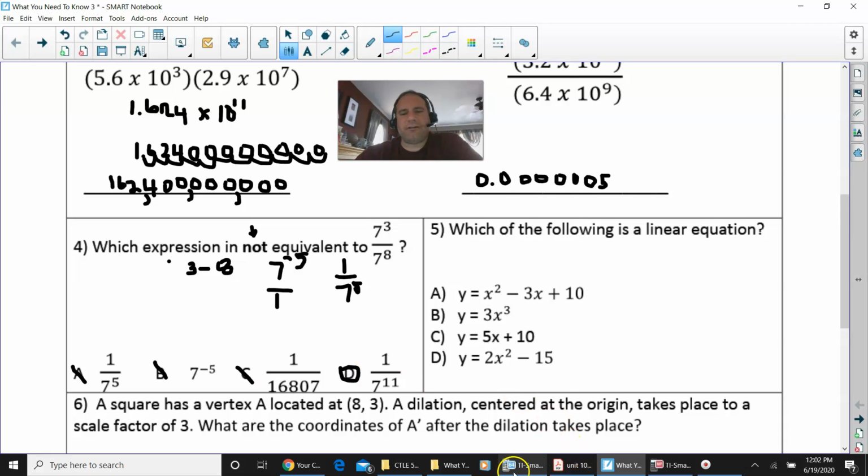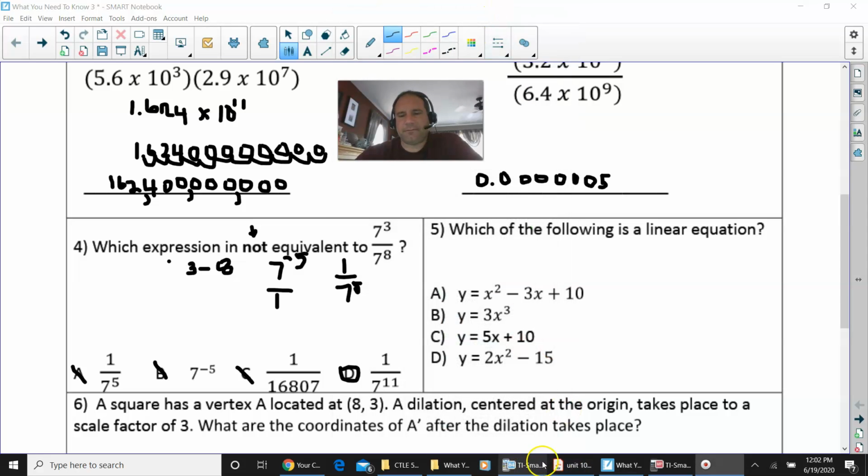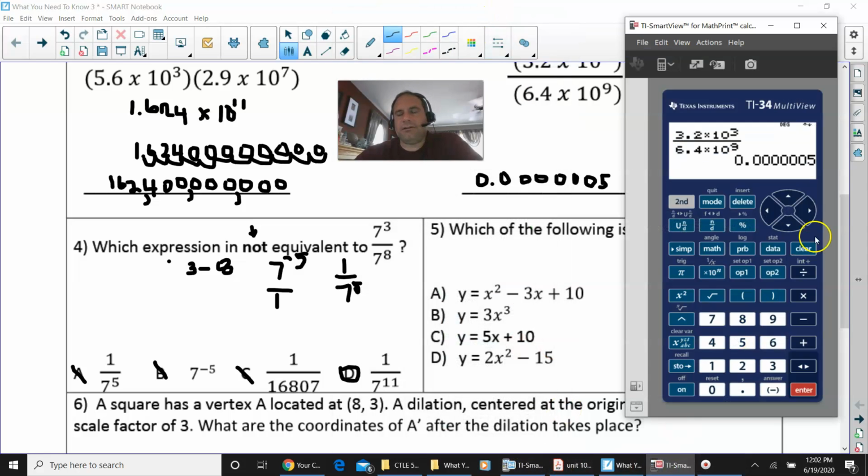Again, you could use your calculator. Oops, this is the wrong one. Wrong calculator. You could use your calculator to put this in, and the way you would do that is 7 to the 3rd over 7 to the 8th power. And then you would press enter.